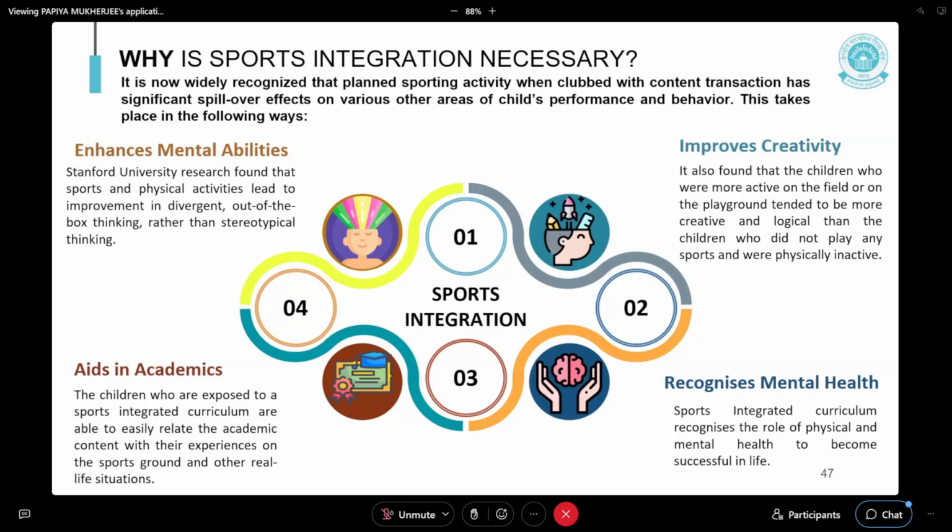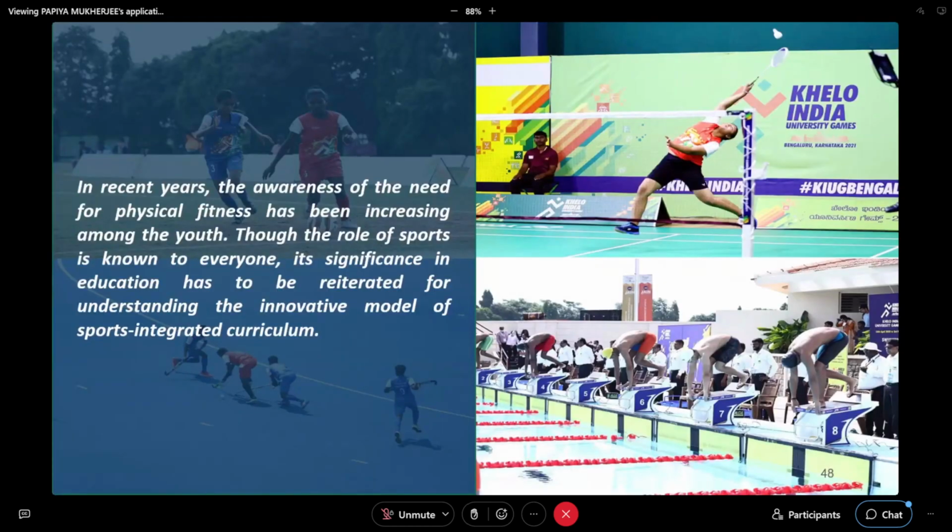It aids in academics. Children are able to integrate the curriculum easily when the content is explained in the sports ground and other real life situation. See, in recent years, the need and awareness for physical fitness has been increasing, particularly post the pandemic period.